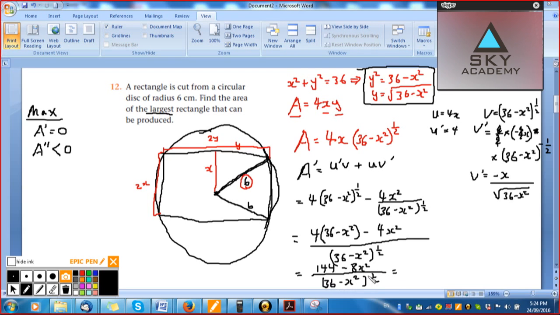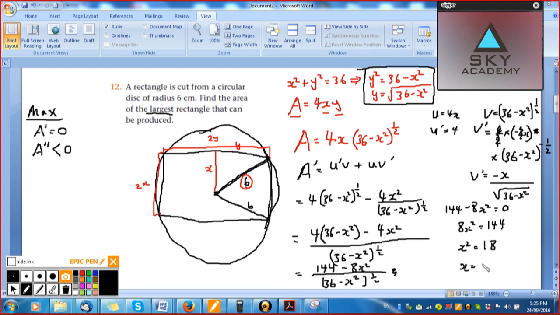Now, all of that is going to be equal to 0, right? Because we want when A dash is equal to 0. Yep. So let's do that. It's going to be 144 minus 8x squared equals 0. 8x squared equals 144. 8 divided into 144 gives x squared equal to 18.